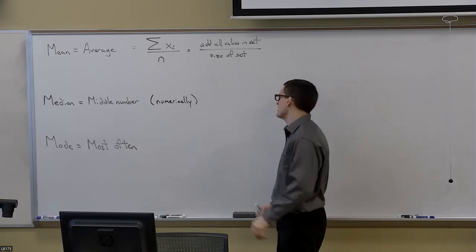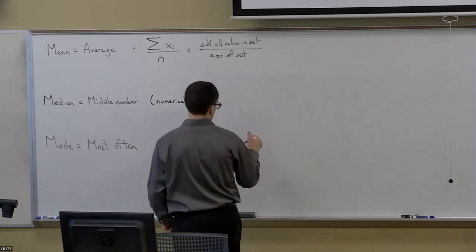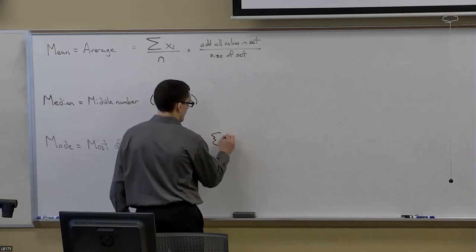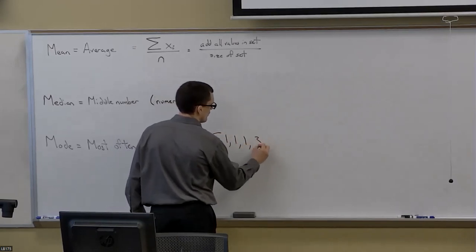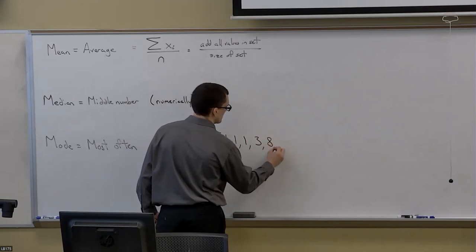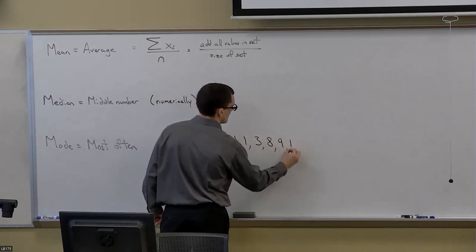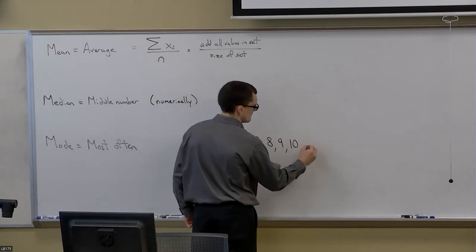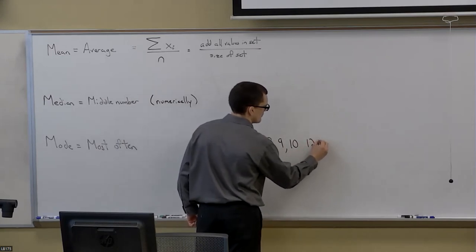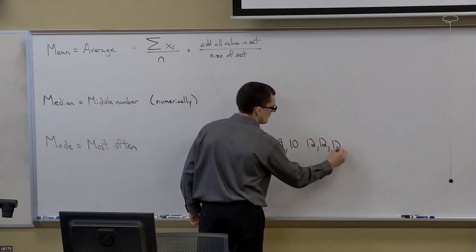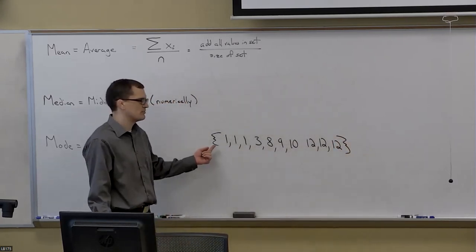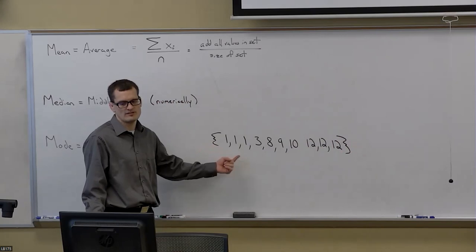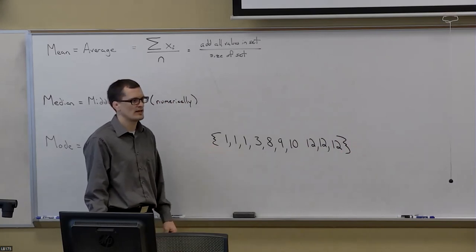So if I have a set like 1, 1, 1, 3, 8, 9, 10, 12, 12, 12. The numbers that occur most often are 1s and 12s, right?